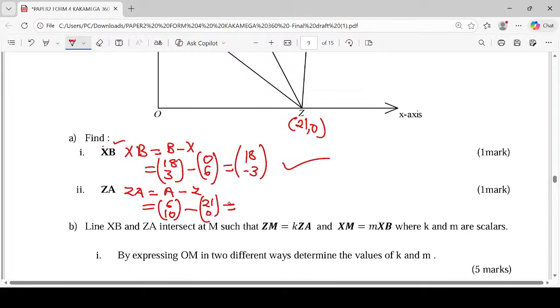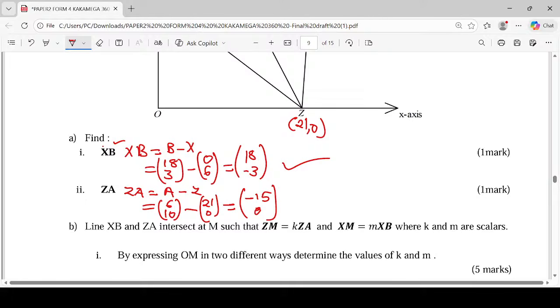Again, 6 minus 21, that is negative 15. 10 minus 0 is 10. So the positional vector ZA is negative 15, 10 as a column vector.